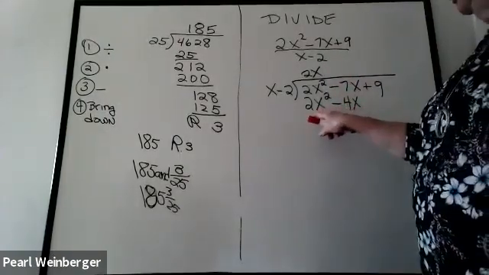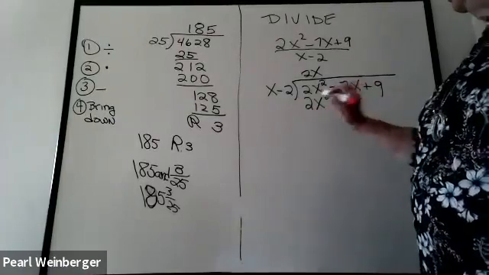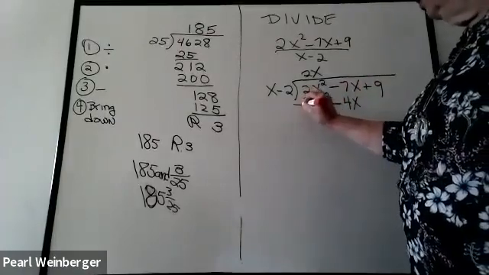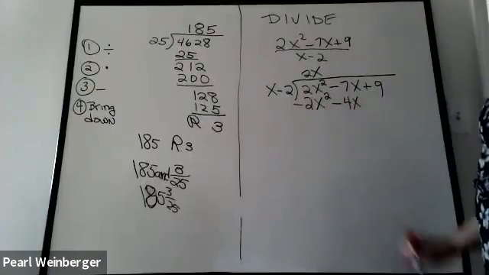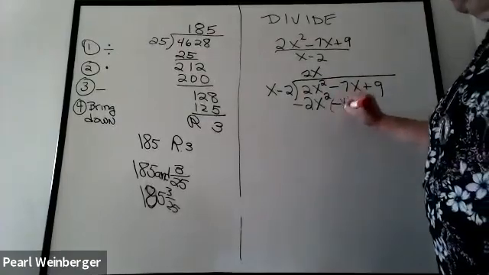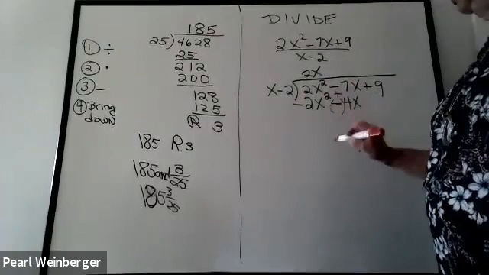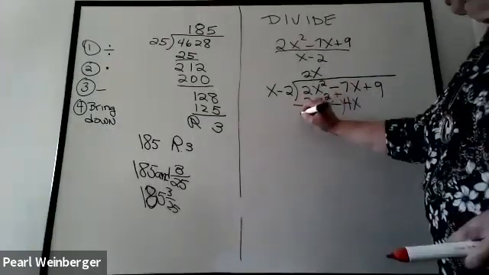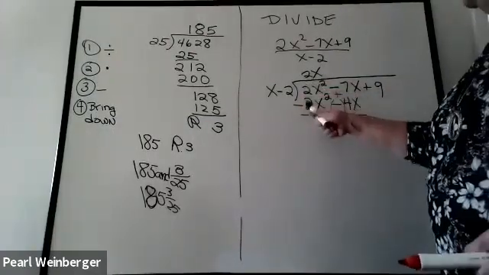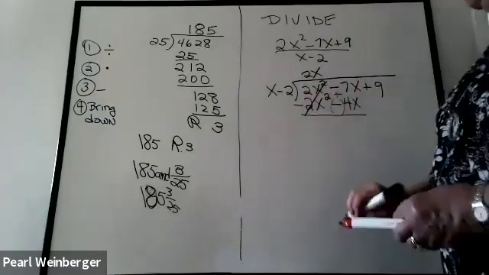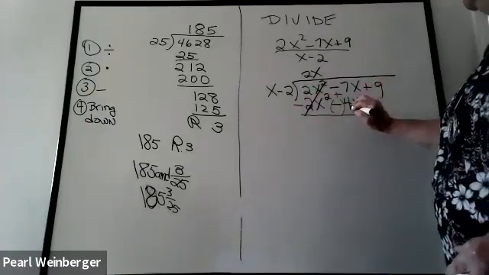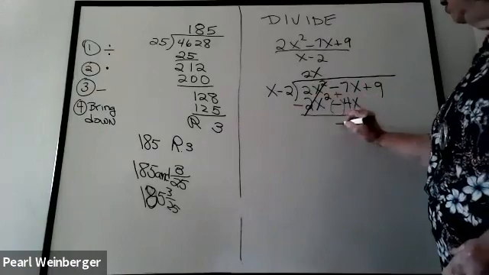So if I want to subtract the 2x squared minus 4x, I'm going to take the 2x squared and make it into a negative. And I'm going to take the -4x and make it into a positive. And then I'll just combine the numbers. 2x squared and -2x squared cancel. -7x plus 4x is -3x.